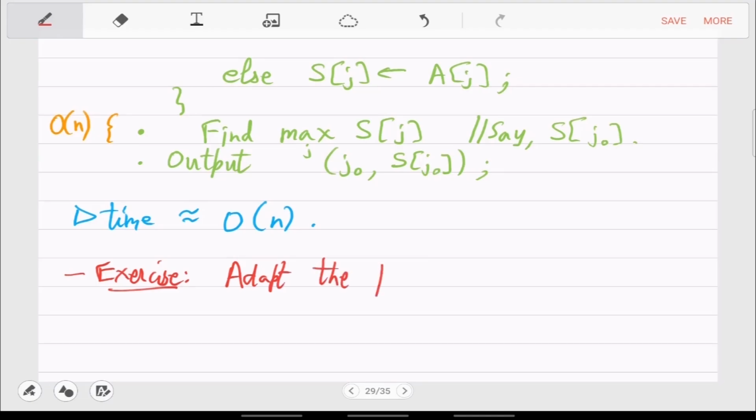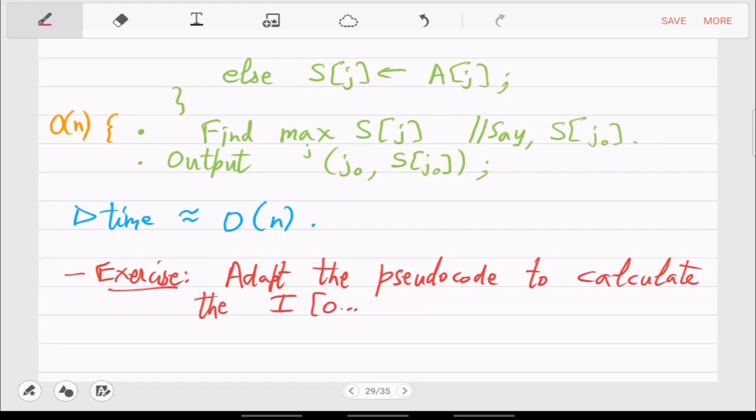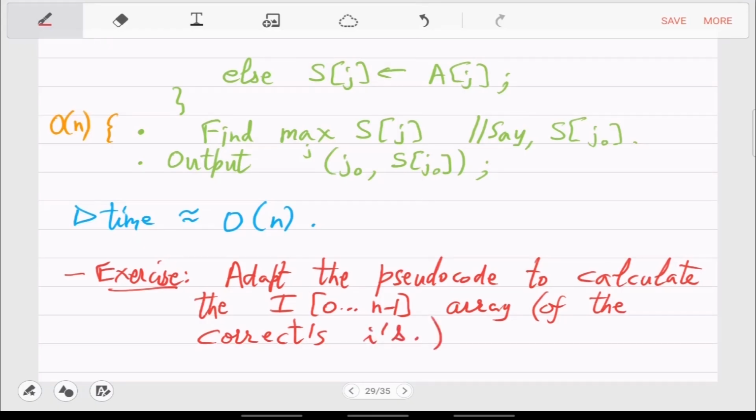Adapt this pseudocode to also calculate the i array of the correct i's, which would mean that you have calculated the prefixes and the sums that are maximized, the optimal ones.